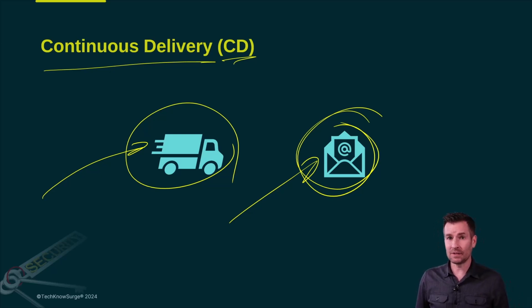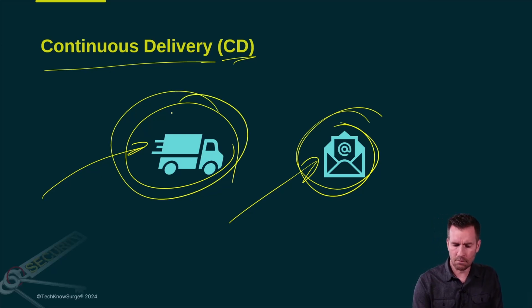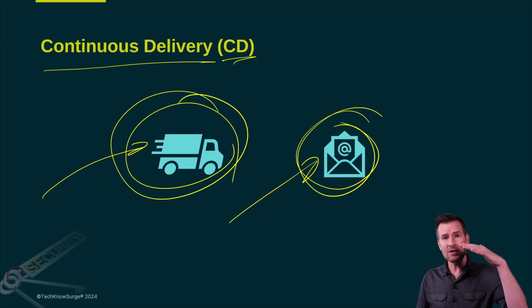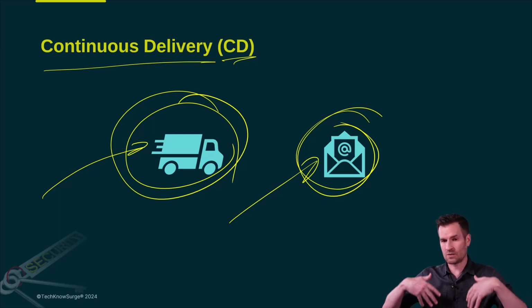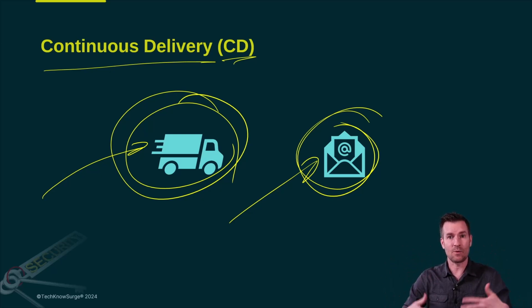So in the example of software, if we're developing software, a deployment model that is not continuous delivery means that we have a bunch of different software or different changes, different code that we're going to deploy. We kind of save it all up, and then we have one night that maybe we just roll it all out at one time, and we make all of these changes all at one time.